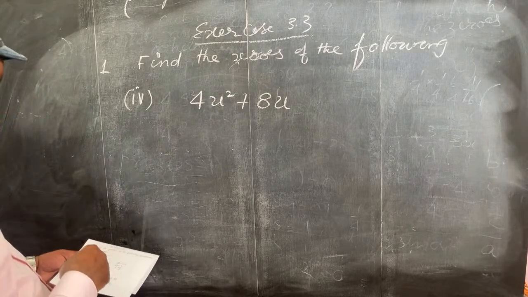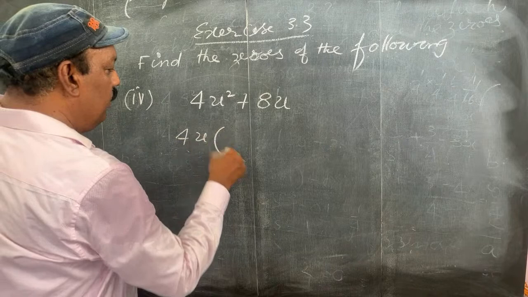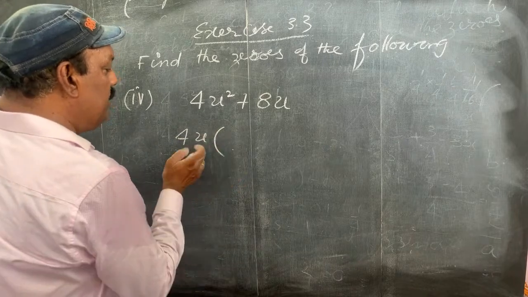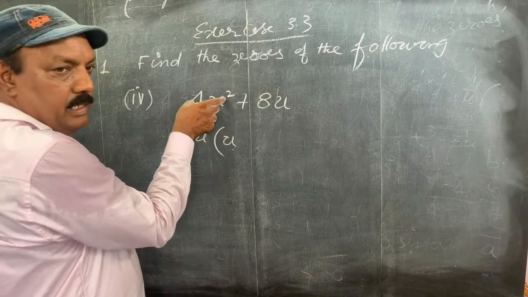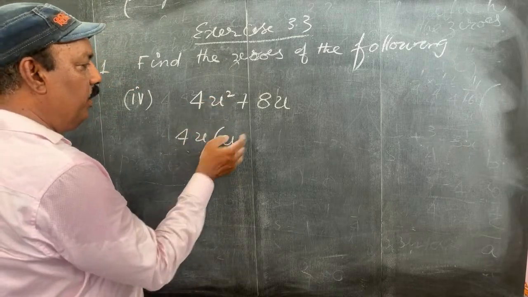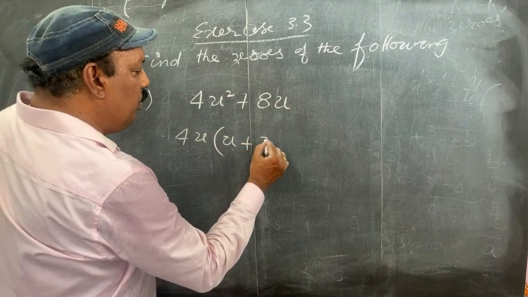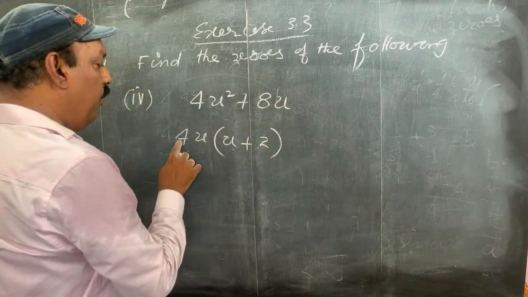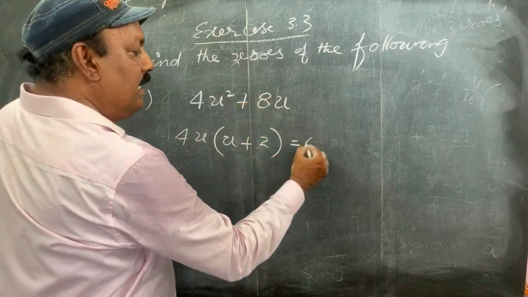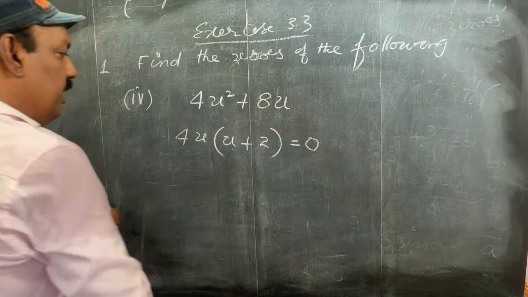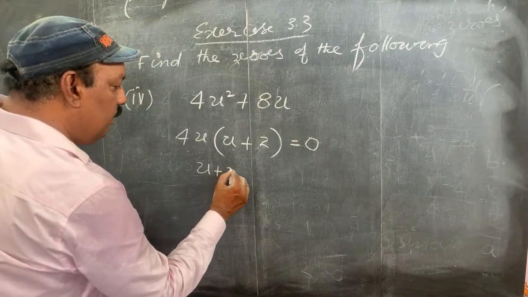What do we have to take here? I am taking 4u as common. First of all, 4u is common. 4u into u is 4u square. 4u into 2 is 8u, since 8u is there I have to go for 2. And this is equal to 0. Now what is the next step? u plus 2.